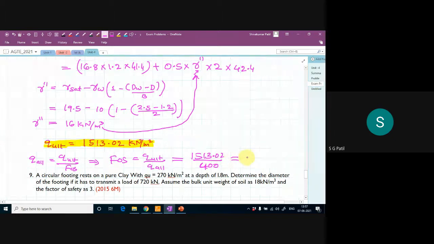How much factor of safety are you getting? 3.7. Very good. So 3.7 is your factor of safety.